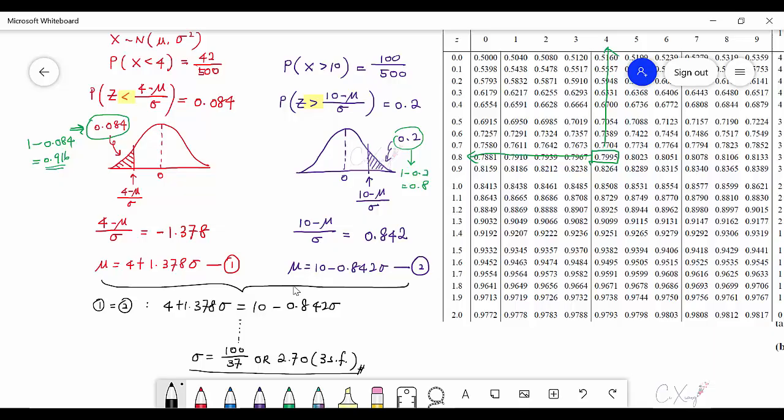And then to get the answer for mu, you need to substitute the sigma value into either equation number 1 or equation number 2. But again, when you want to substitute the value to get the mu, please make sure that you substitute the fraction so that you can get the most accurate answer, according to the marking scheme for the final answer.